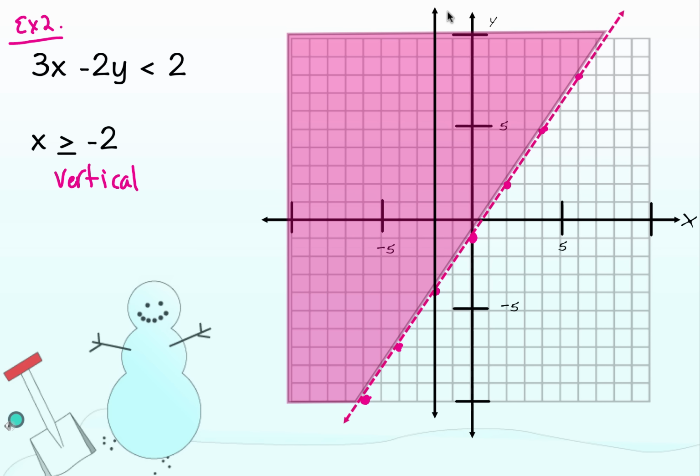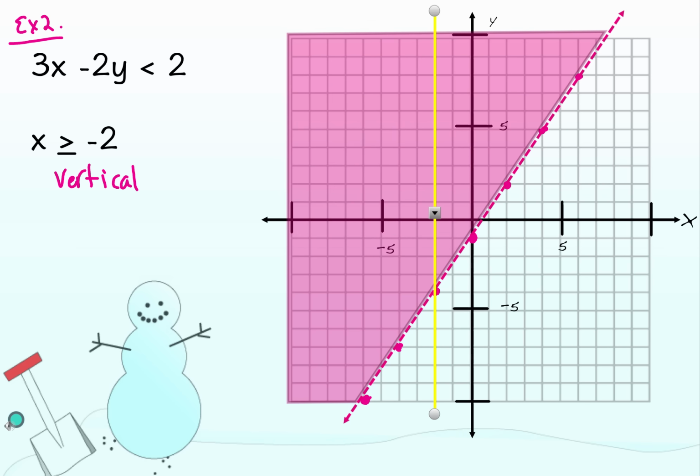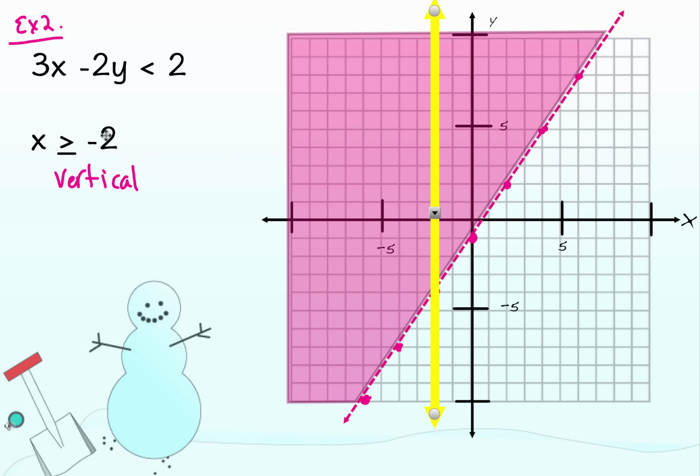But hey, where, make that a little bigger so you can see it, where is it greater than negative 2? Well, if I'm dividing the line in half this way, well, this is a line.